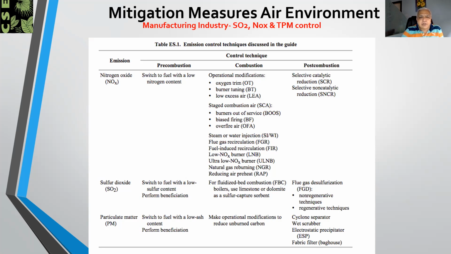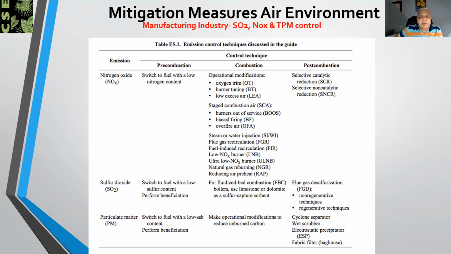For example, for sulfur dioxide, we can opt to go in for a fuel having lower sulfur content, like biodiesel. Biodiesel has been used on a small scale by some of the units in Lote Parshuram and in Mahad recently, and the availability has much improved. And since it has a very low sulfur content, the amount of SO2 emitted also goes down.